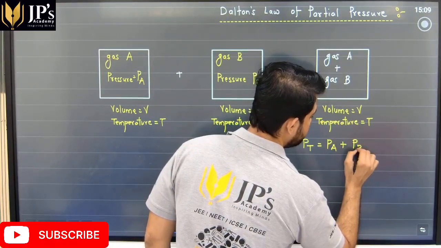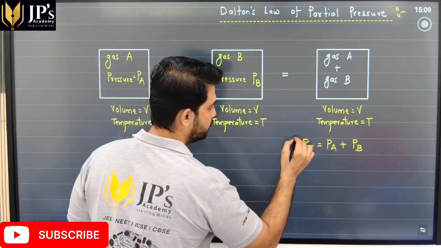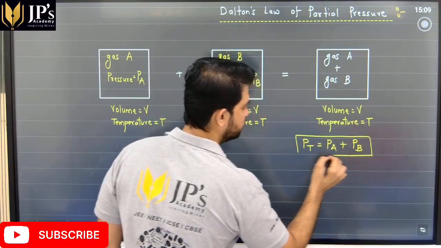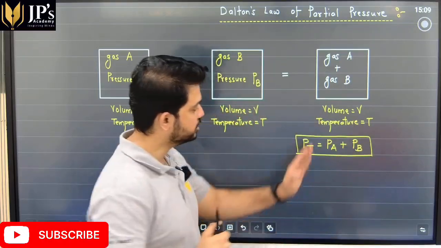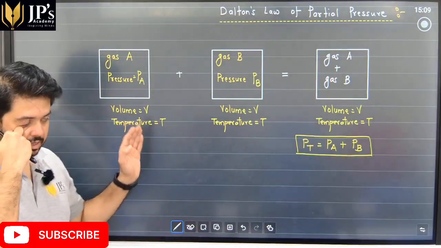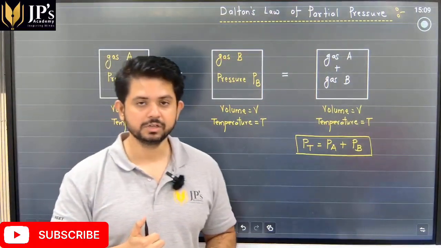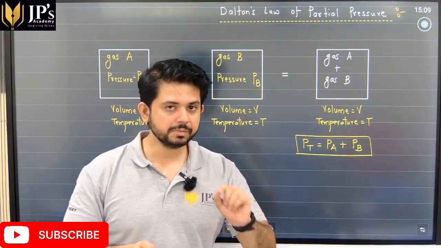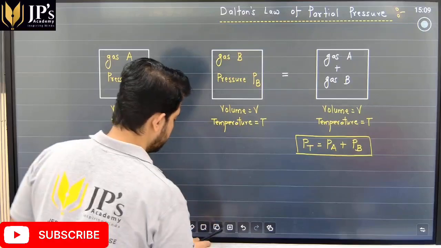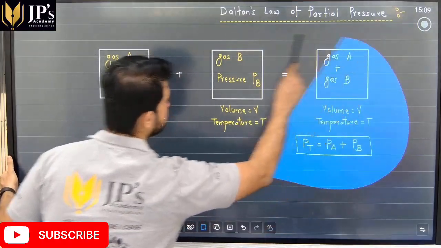So the total pressure in this container will be the partial pressure of the first gas plus the partial pressure of the second gas. Please remember, these should be non-reactive gases.